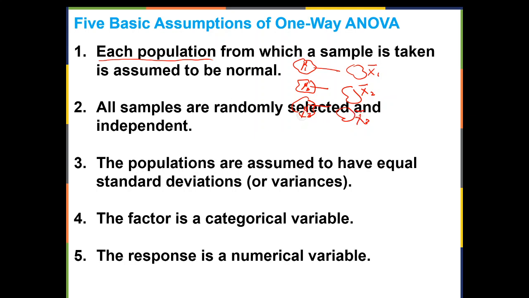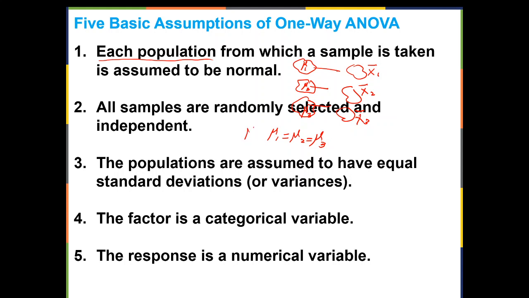So the question in this test is whether mu1 is the same as mu2, is the same as mu3. That means whether they come from the same population or they come from 3 different populations. That's the question. Of course, the test doesn't answer that. The test only answers whether one of them is different from the others.